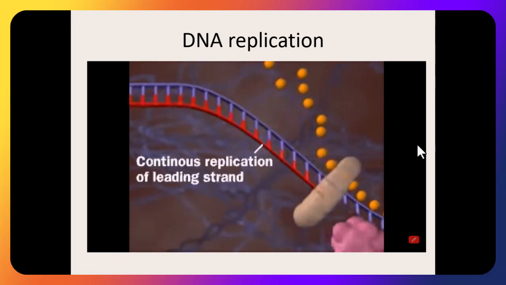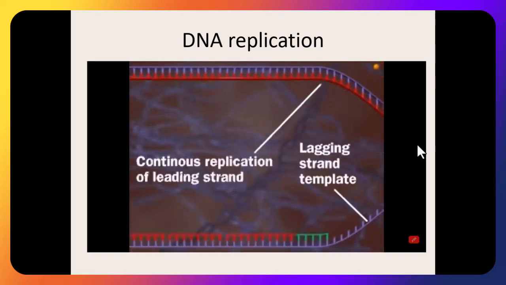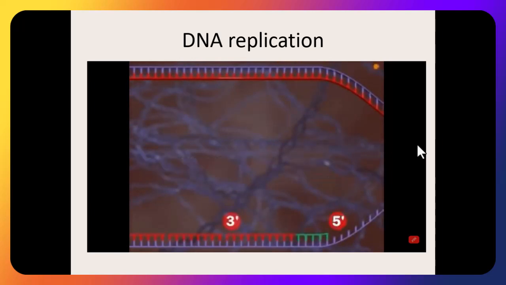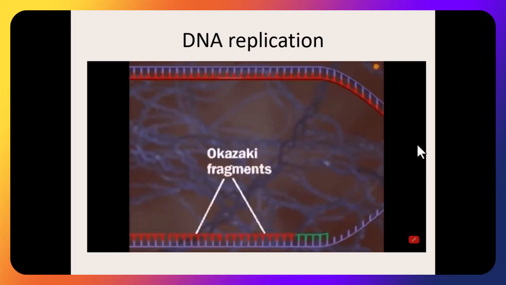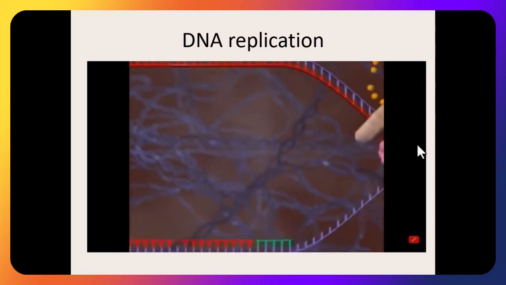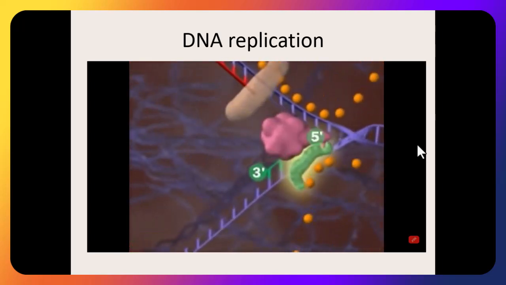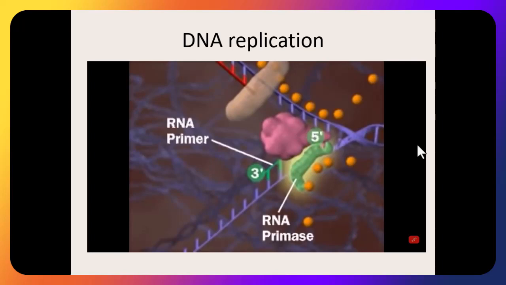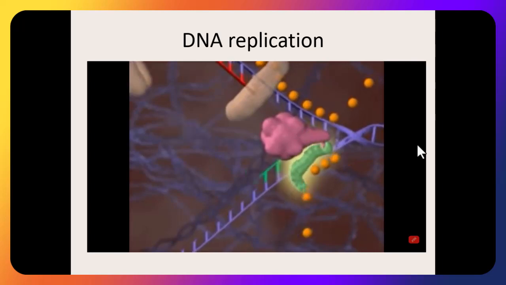No problem here, but the lagging strand presents problems. It has to form from 5' to 3' too. It forms in pieces called Okazaki fragments. First, an RNA primase lays down an RNA primer. Then, DNA polymerase 3 lays down new DNA.